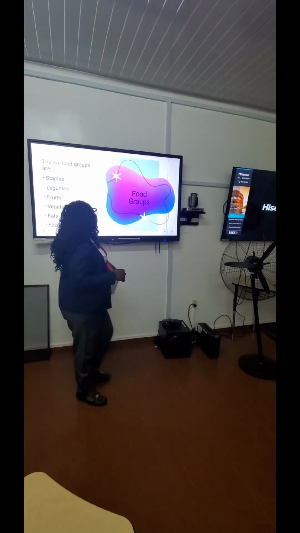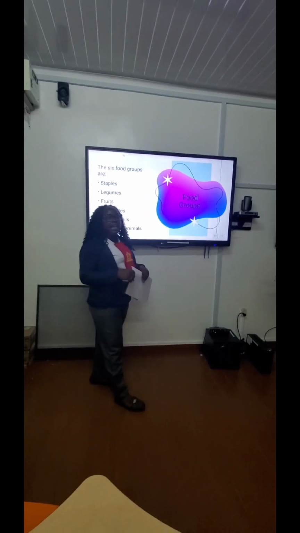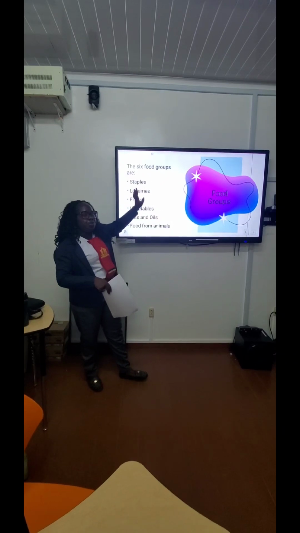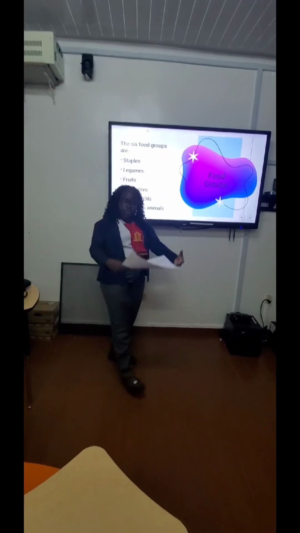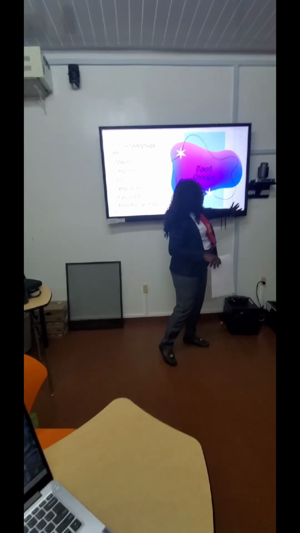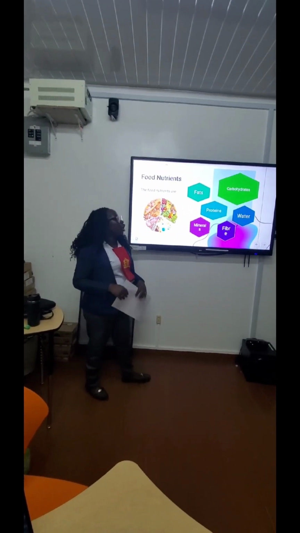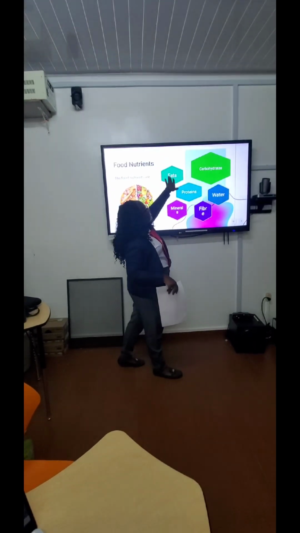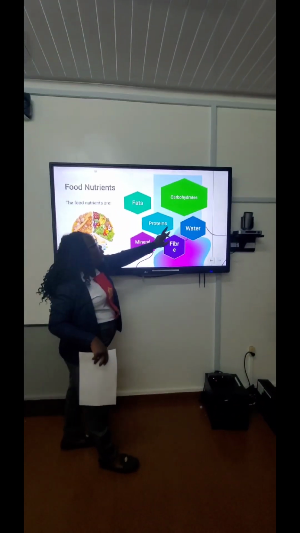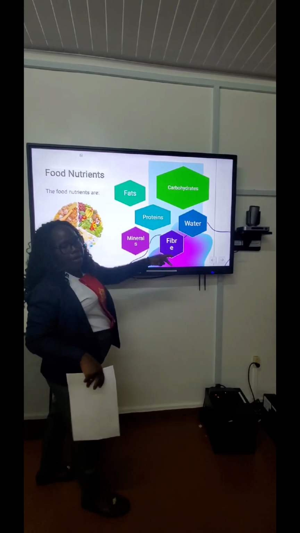Good. Now, we all know that we get different items or different types of food that come from these different types of food groups. But what are some food nutrients that we get from these food groups? Let's see. So, some food nutrients include fats, carbohydrates, protein, water, minerals, and fiber.